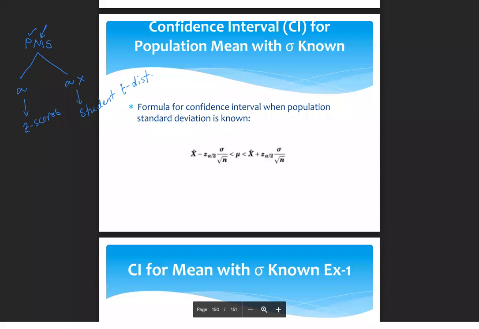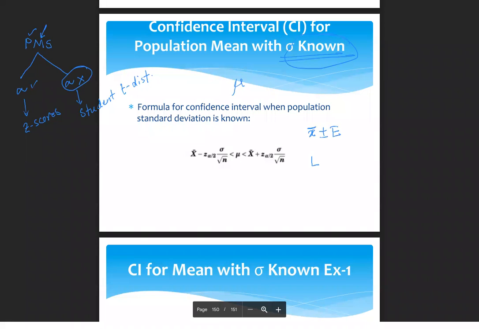So tonight we're going to talk about this one, but the other one we'll talk about on Wednesday. So when you know sigma, this is the case. You know sigma right here. In that case, your confidence interval becomes x bar, remember, we are not doing it for p anymore, we are doing it for mu, the population mean. It's x bar plus or minus the margin of error.